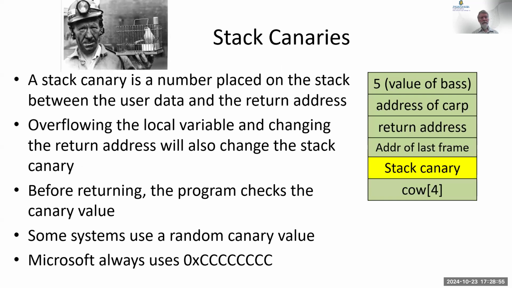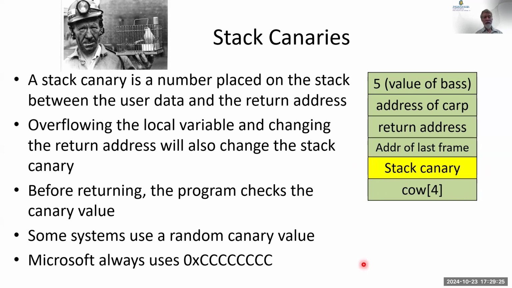There are systems that will catch the simple stack overflows, called stack canaries. A stack canary is a value, or multiple values, placed typically after an array. So you have an array here, and then the stack canary, and then the rest of the stack. If your program simply puts 0, 1, 2, 3 into this, and then 4, 5, 6, it'll change the stack canary, and then before the program continues, it checks these various stack canaries.